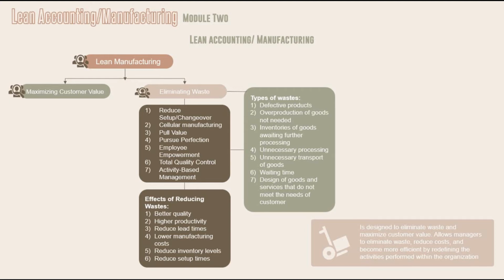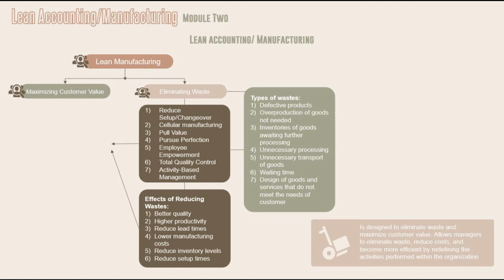It is important to identify what are the wastes considered in lean manufacturing so that managers will be able to know and decide what measures in waste reduction to be used, and not only to eliminate waste but also become more efficient and further improve their systems.